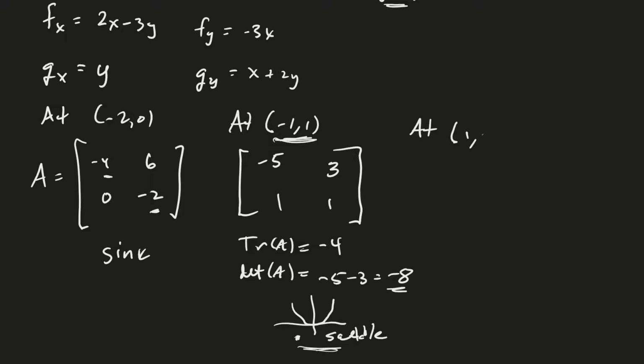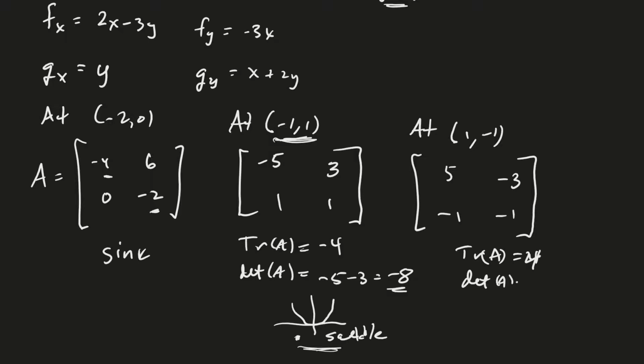Similarly, at (1, -1), if I plug everything in, I get 5, minus 3, minus 1, minus 1. So in this case, the trace is 4, but the determinant is again minus 8, and so therefore we have another saddle.